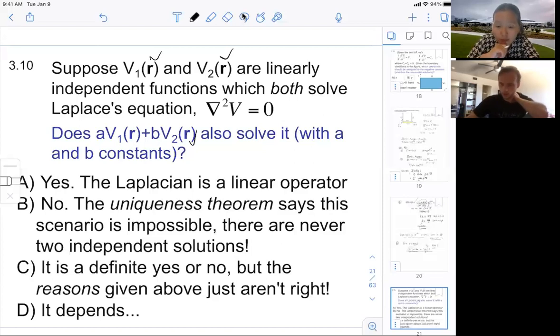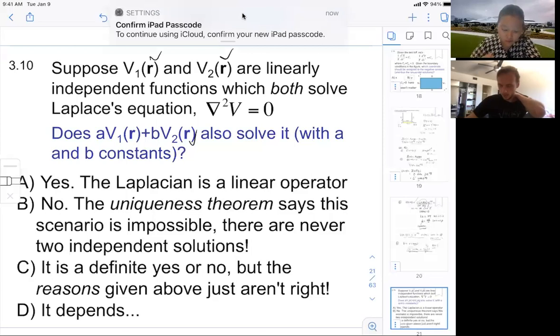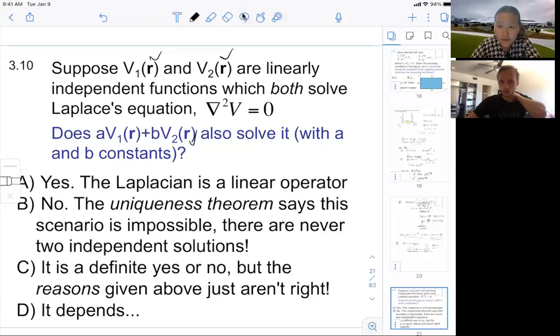If I recall correctly, it says that given some conductors within a region, if you have a potential or a boundary condition, then there must be only one unique solution to either Poisson's equation or Laplace's equation. Yes, very good. The uniqueness theorem says the solution not only has to satisfy the Laplace equation, it also has to satisfy all the boundary conditions.